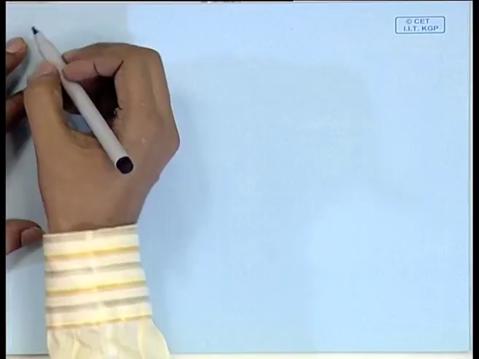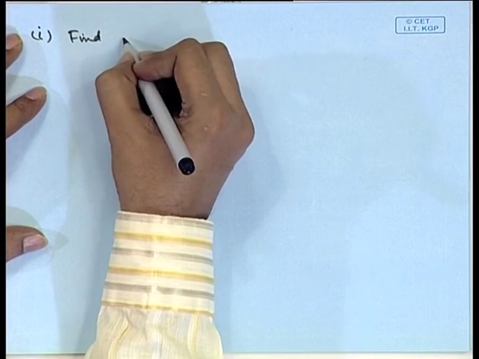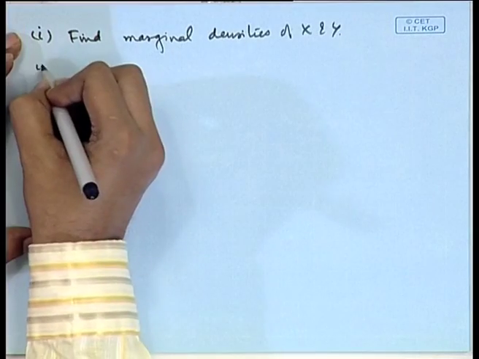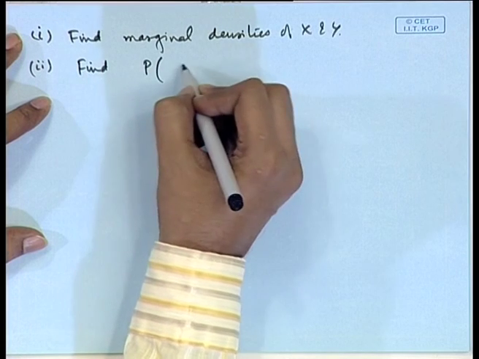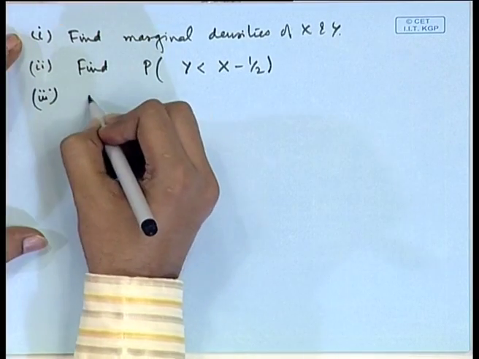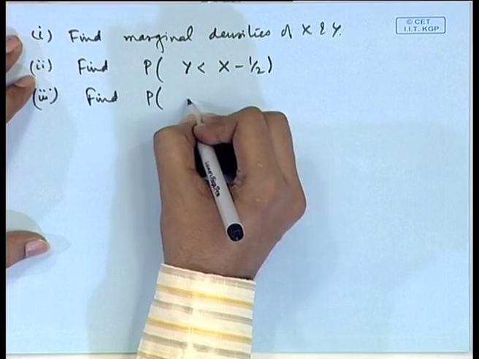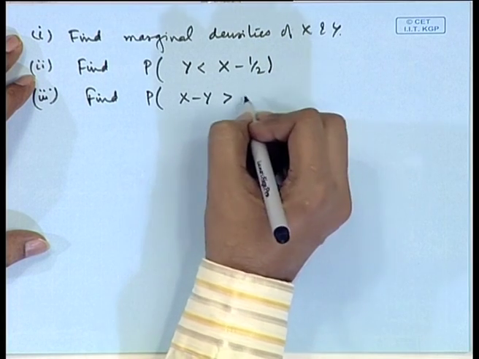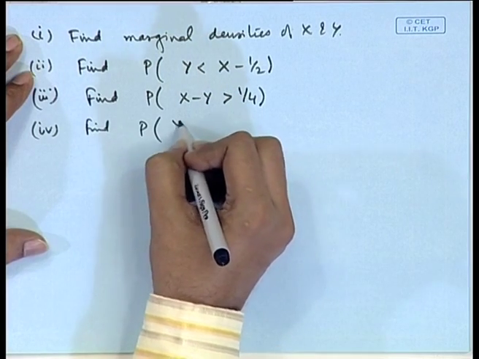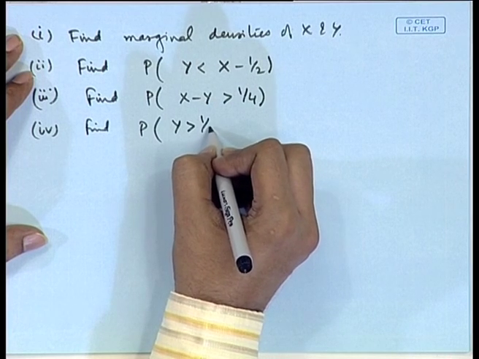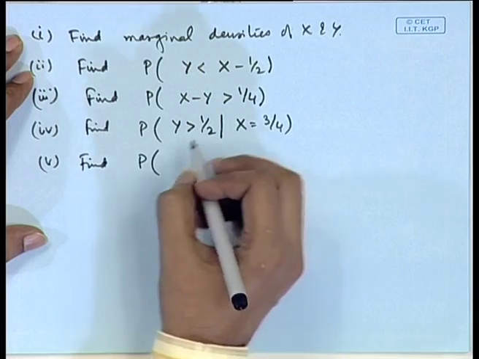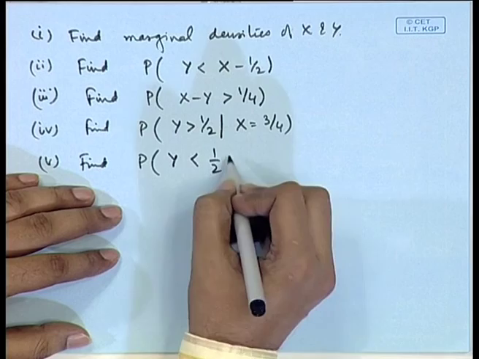So, find marginal densities of x and y, find probability y is less than say x minus half, find probability say x minus y is greater than 1/4, find probability y is greater than 1/2 given x is equal to 3/4, find probability say y is less than half x, etc.